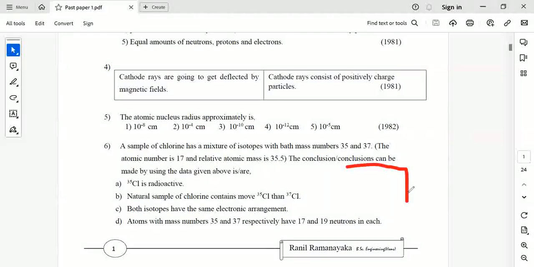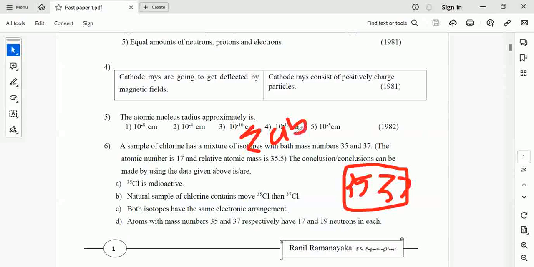We have 2 samples, 35 and 37. If you remember the equation of the abundance, it is relative atomic mass equals sigma abundance times mass over 100.